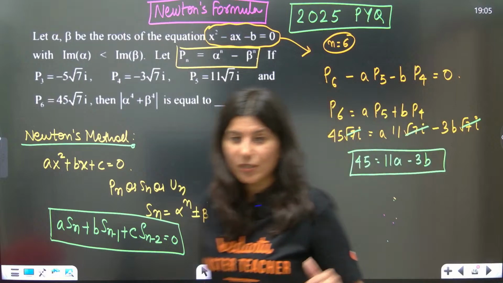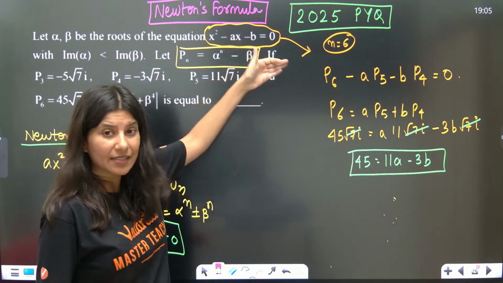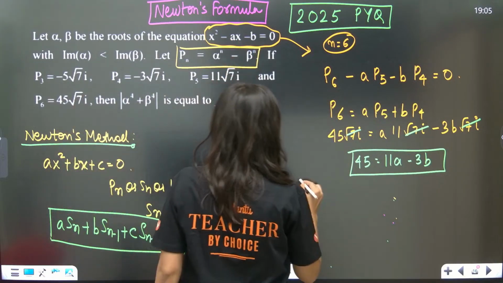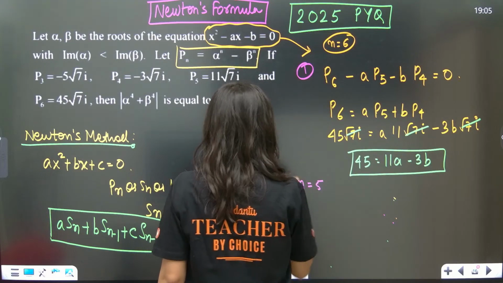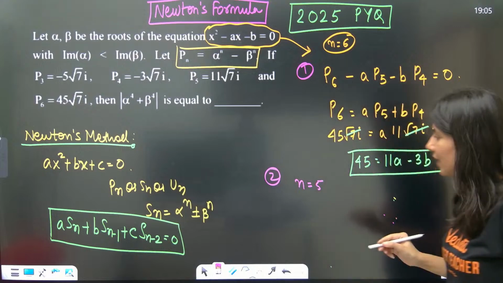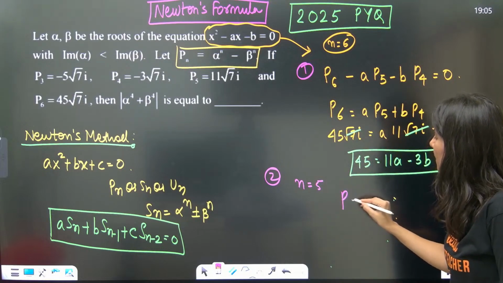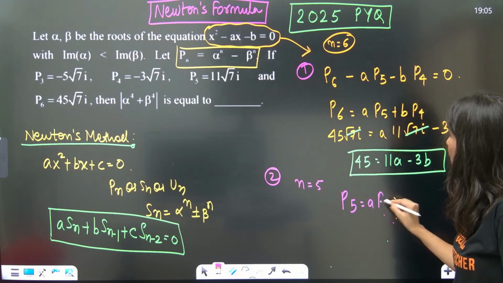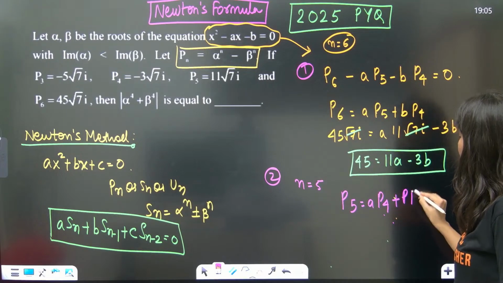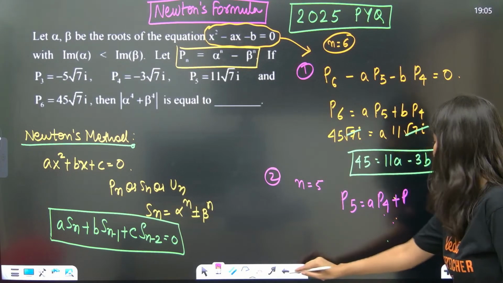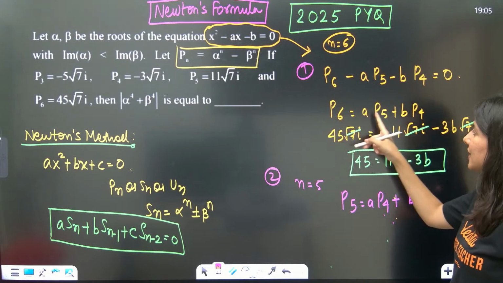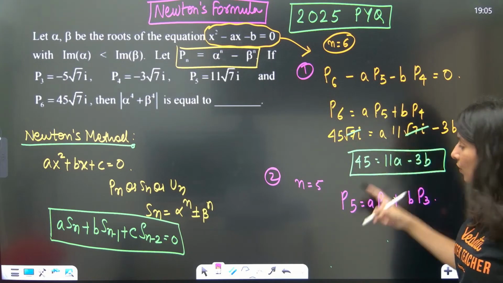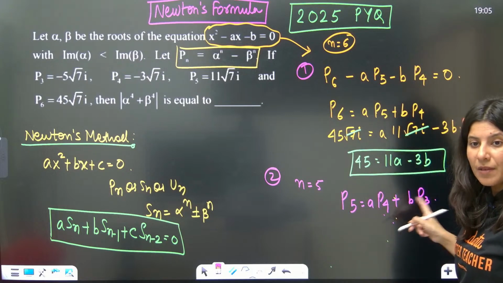Similarly, now put n equals 5. This is the second time you are applying Newton's formula. P6 is aP5 plus bP4, so P5 will be aP4 plus bP3.